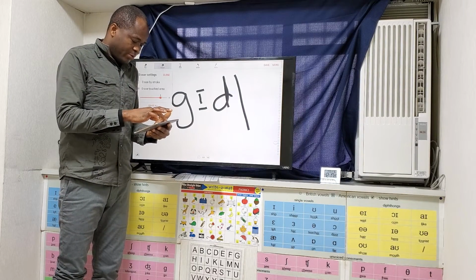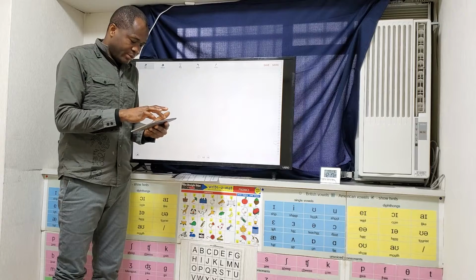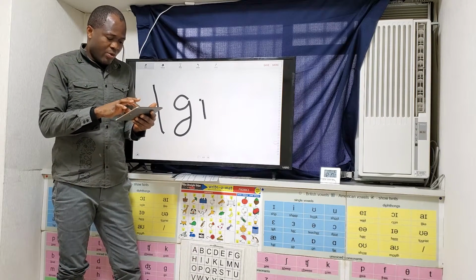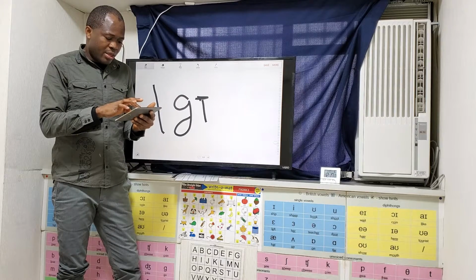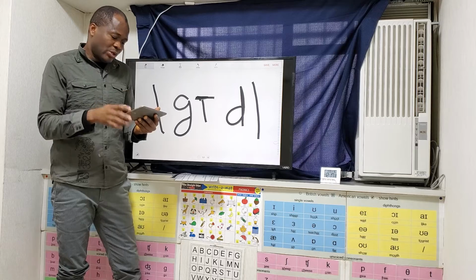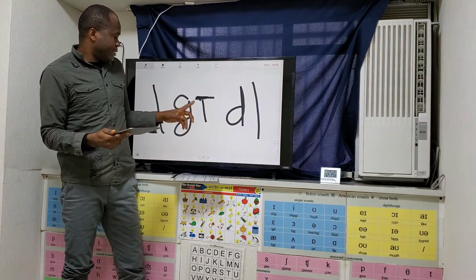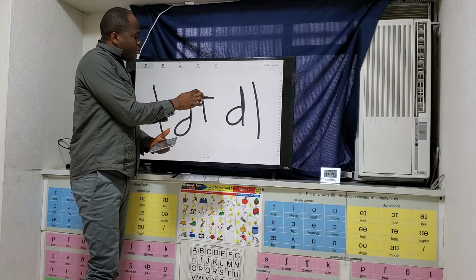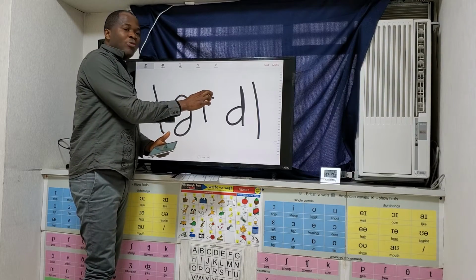Sorry, I have to erase the middle one. Let me write one more time. So we have G, our I, and D. The symbol you see on the top here means long vowel.